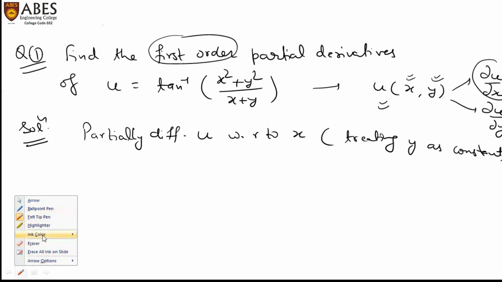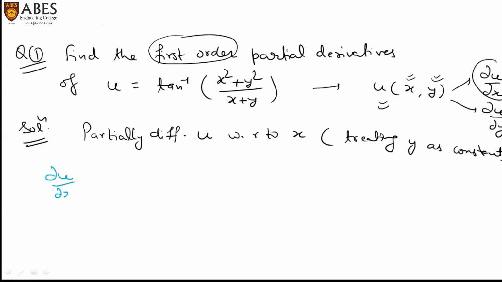So let us differentiate. So del u upon del x equals the differential of tan inverse x, which is 1 upon 1 plus x square.